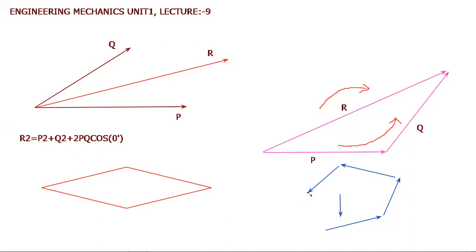Now there are a number of forces and we want to find the resultant of all these forces. Then the last force, which is taken in the opposite direction, can be the resultant, and this is nothing but the law of polygon.